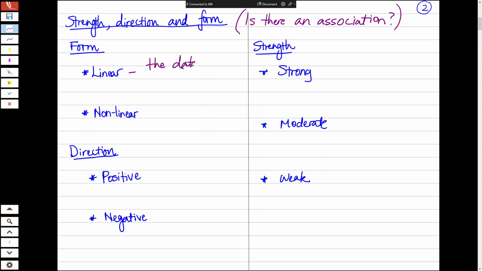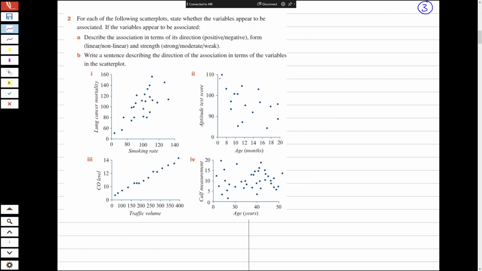If it's linear, the data tends to follow a straight line. Now, I think I need to give you some examples. If you have a look at the third one in the lower left-hand corner here, you can see that it's not exactly a straight line.